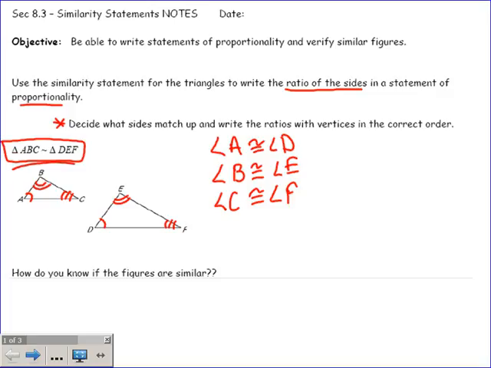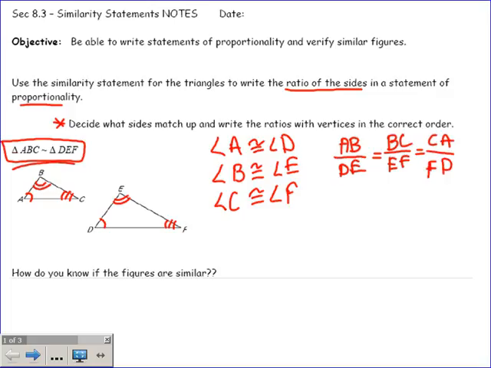That's half of it. The second thing this statement means, because we talked about how the corresponding angles are congruent, is that the corresponding sides are proportional. What that looks like is that we will write AB in comparison to DE is going to be equal to BC over EF is going to be equal to CA over FD.